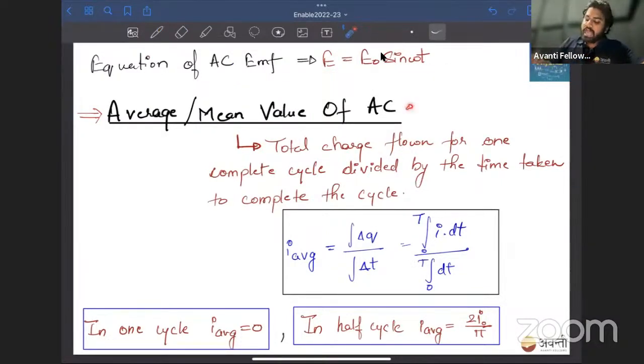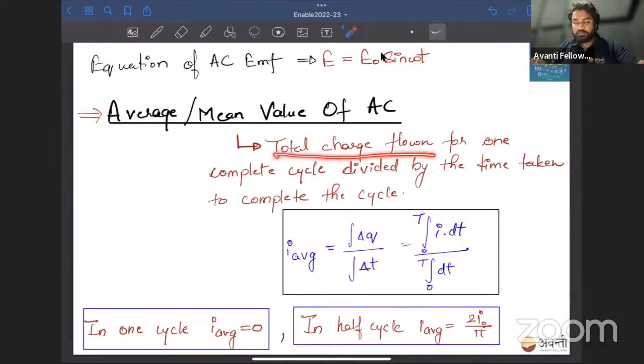Now if I want the average or mean value of AC current: average for anything is total upon total time. For example, average velocity is total displacement upon total time. Similarly, average current is total charge upon total time. So what is the average or mean value of alternating current?